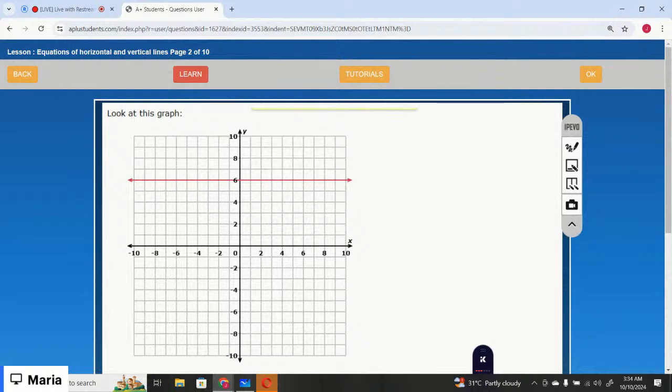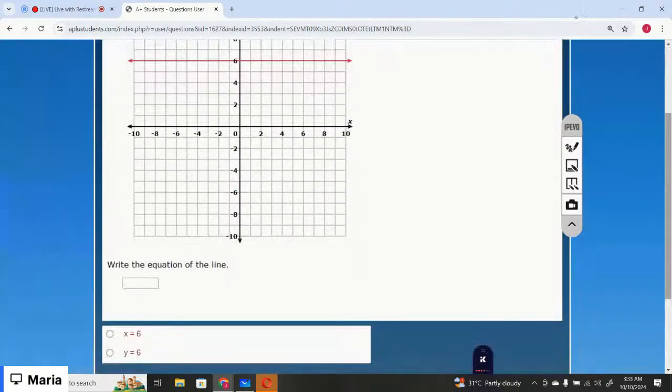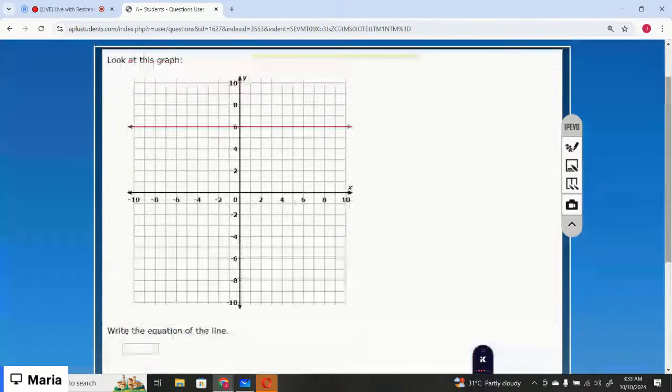Look at this graph. So which is the correct option? X equals 6, or which is the correct option?